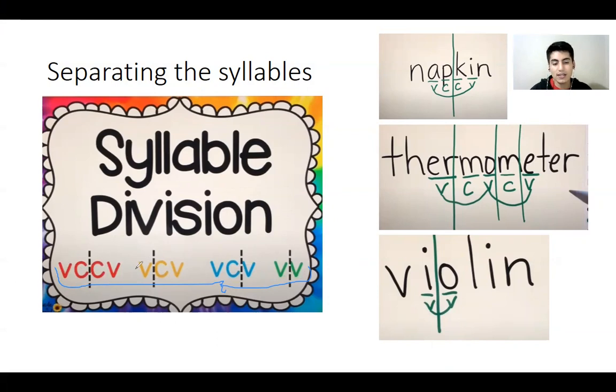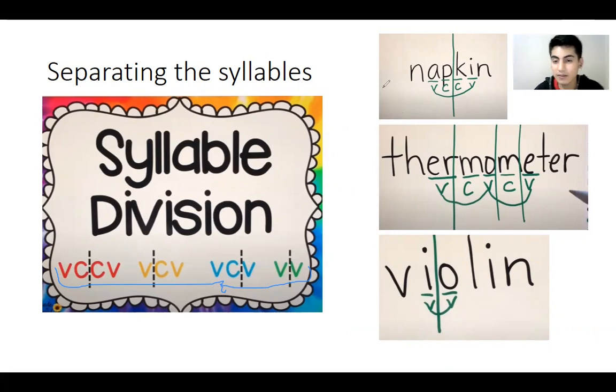We also can have vowel, consonant, vowel, with the division between the first vowel and consonant. We also have the same structure, vowel, consonant, vowel, but now the division is after the consonant. And then we have vowel, vowel. So there are good examples here about this one.